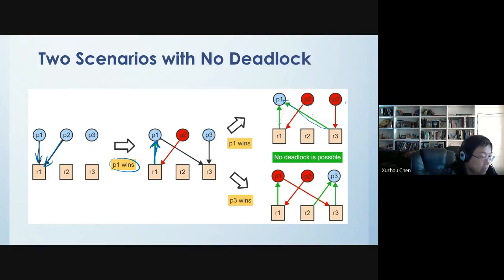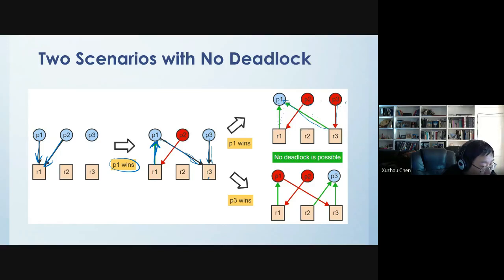Unlike the previous case, when P1 and P3 fight for R3, and P3 gets the resource, and P1 has to wait. That means P1 is holding some resource and waiting for the other resource. That forced P1 to be blocked.